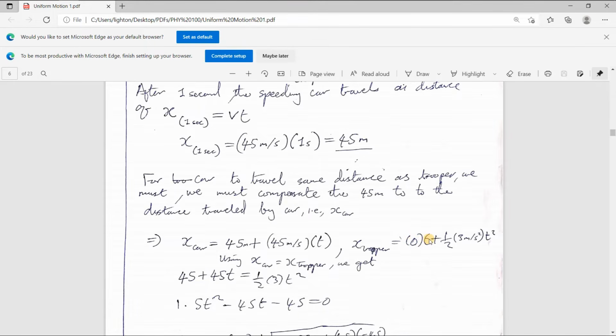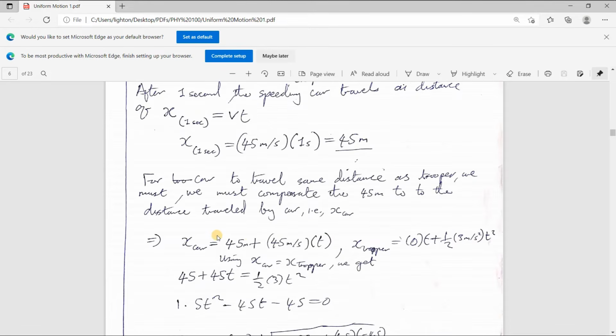Now 0 times time is just 0 plus half a t squared. Our a for the trooper is 3 meters per second squared. You see, the trooper is accelerating, that's why for the trooper we're including this part here. So 0 times time plus half a t squared.